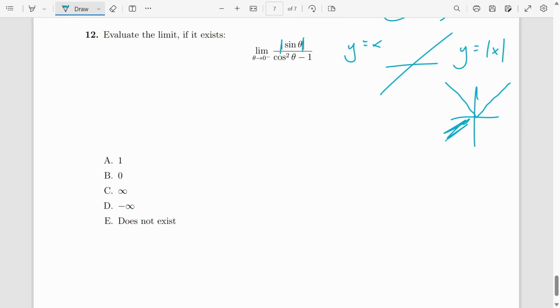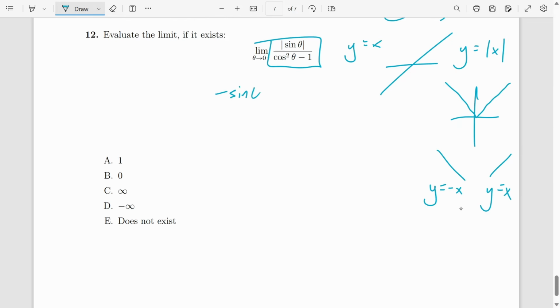All of these negative values become positive. So you split it up into two functions: the original, y equals x, and the reflection, which is y equals negative x.